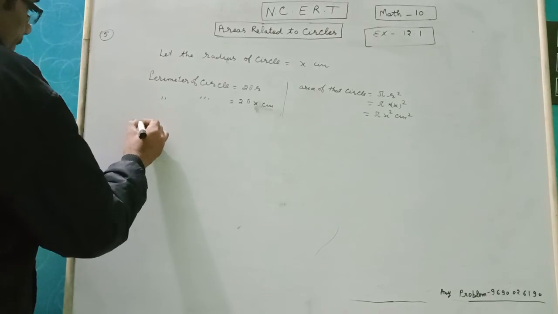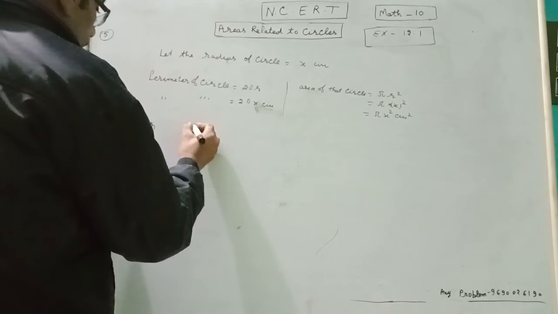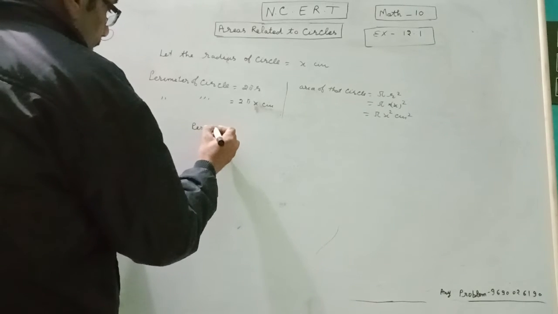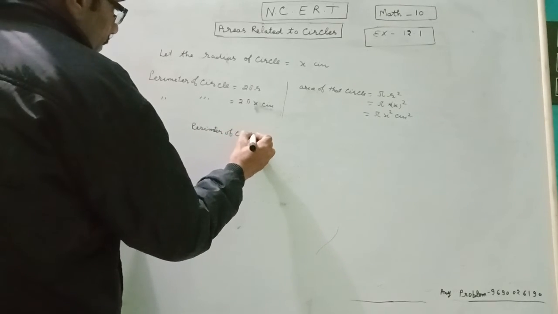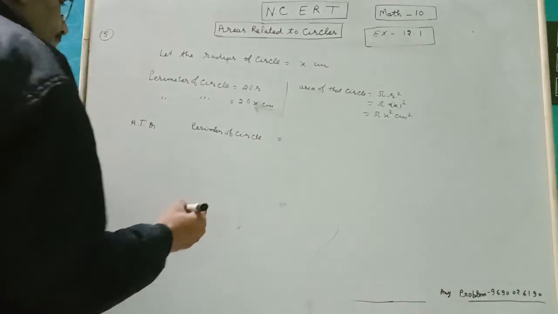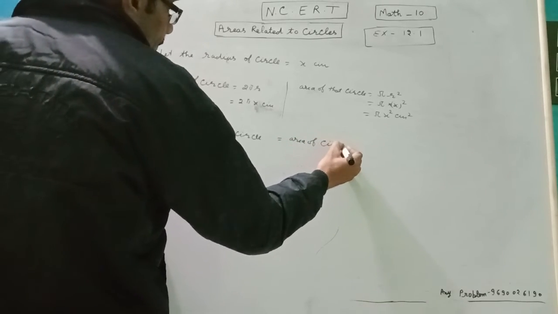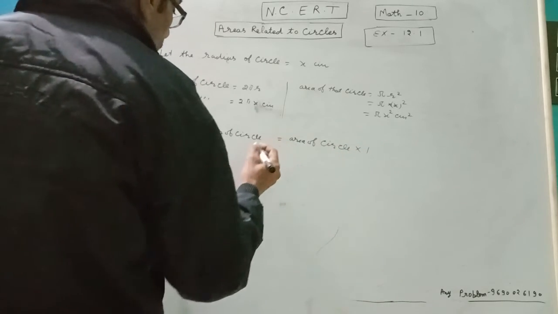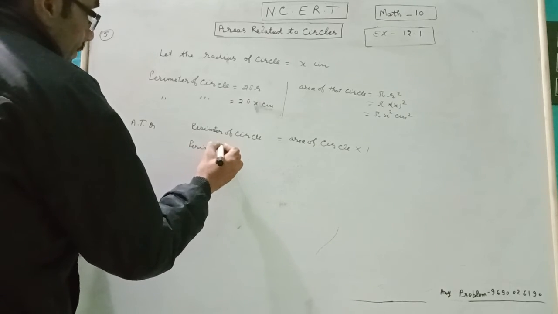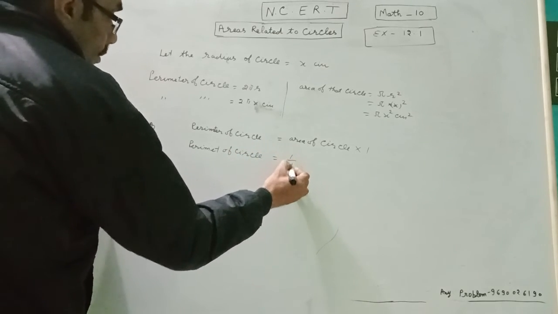According to the question, the perimeter of the circle is equal to the area of the circle, so perimeter upon area is 1 upon 1.